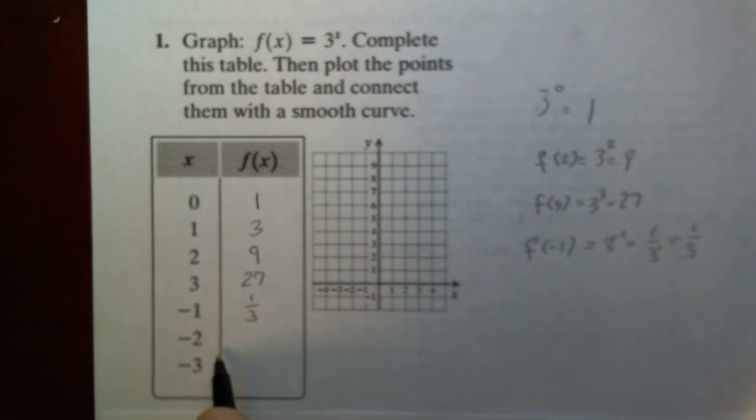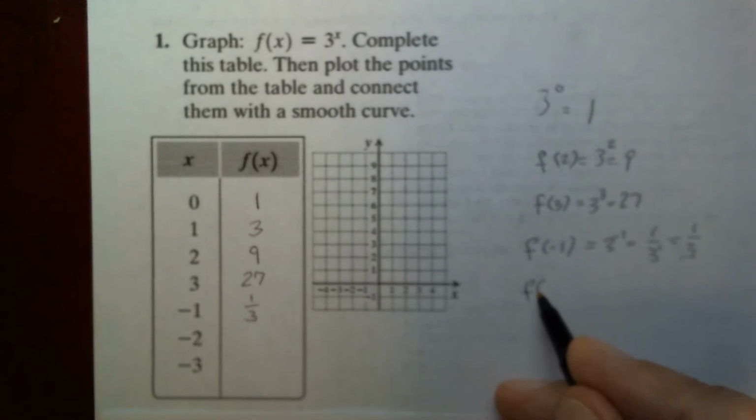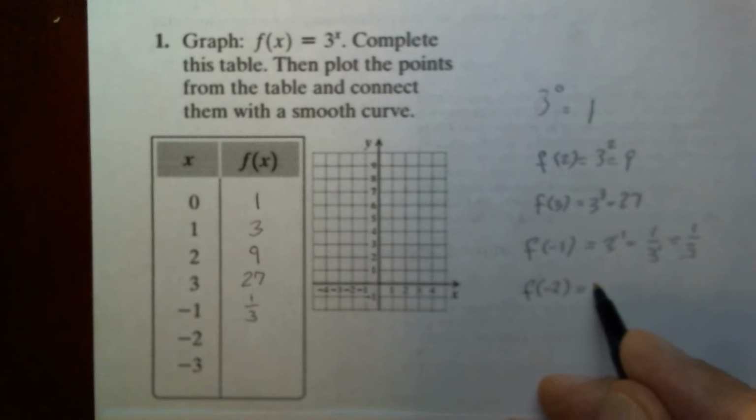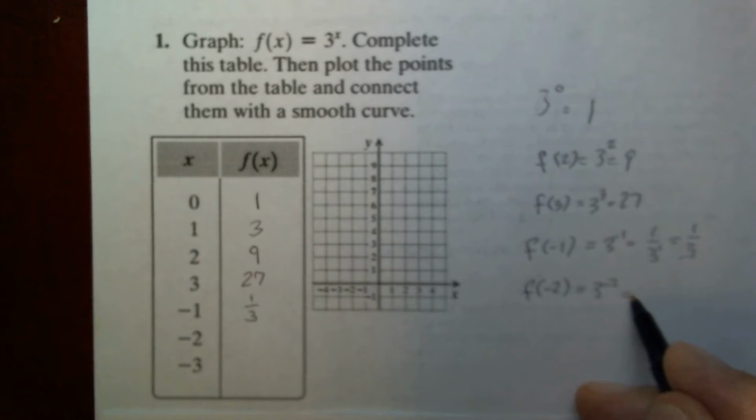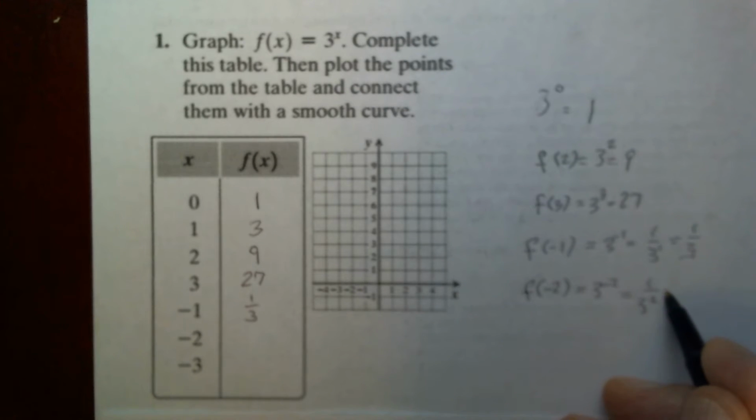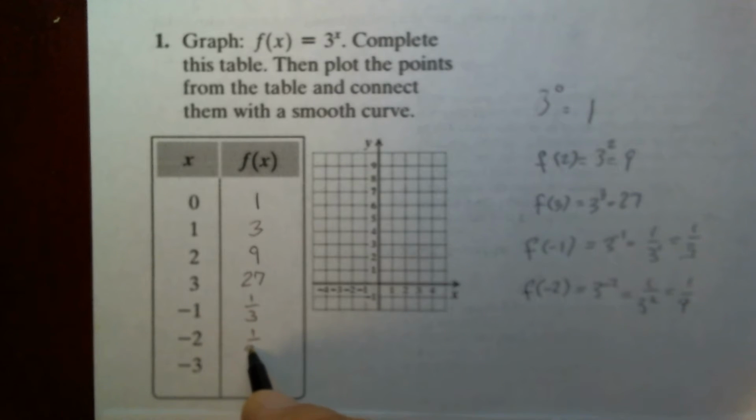And when x equals -2, f of -2 equals 3 to the -2, or 1 divided by 3 to the second power, or 1/9.